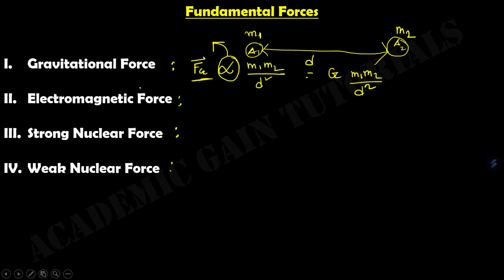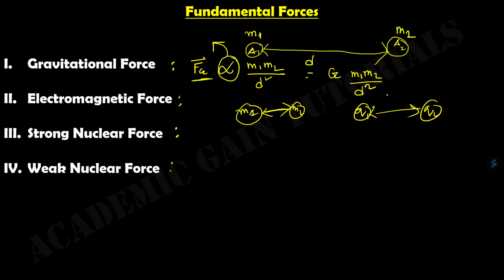Now coming to the next fundamental force, which is electromagnetic force. First of all, let us take an example of two magnets. The force between two charges is called electric force, and that between two magnets is called magnetic force. If I take two magnets M1 and M2, the attraction or repulsion between them is known as magnetic force, and attraction and repulsion between two charges Q1 and Q2 is known as electric force.